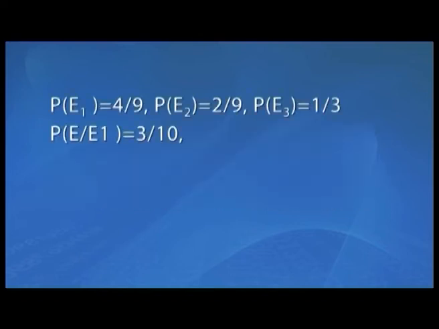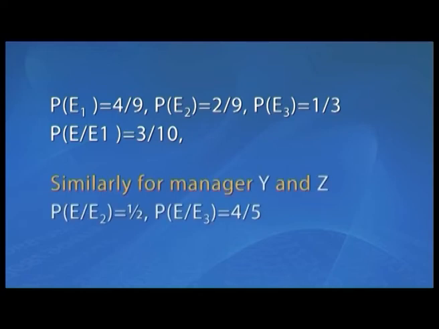We are given P(E1) = 4/9, P(E2) = 2/9, and P(E3) = 1/3. The probability that the bonus scheme will be introduced given that X becomes the manager, P(E|E1), is 3/10. Similarly, for managers Y and Z, P(E|E2) = 1/2, and P(E|E3) = 4/5.